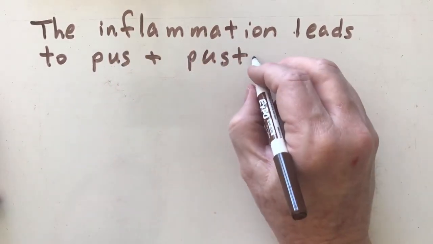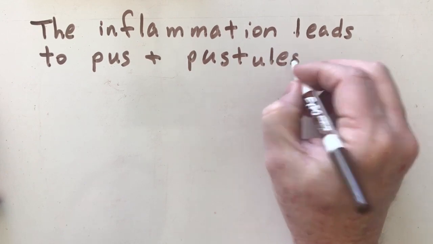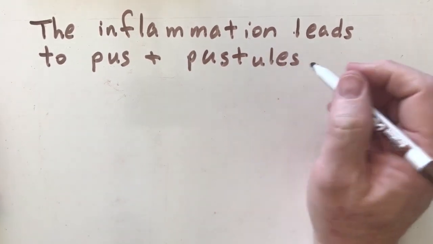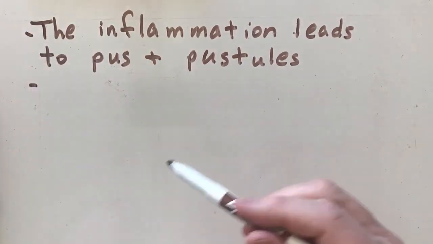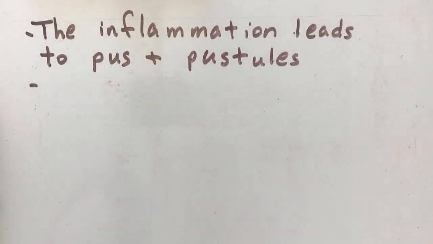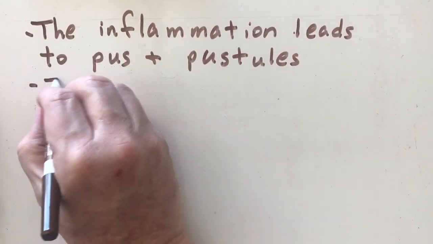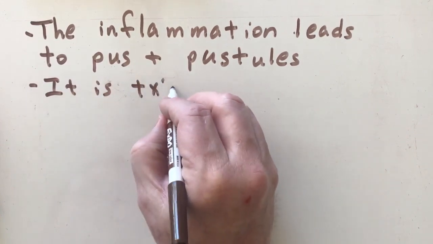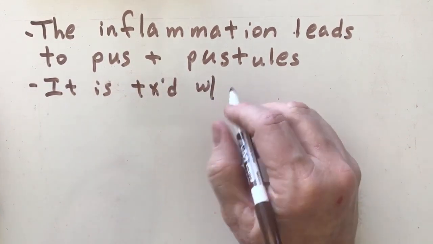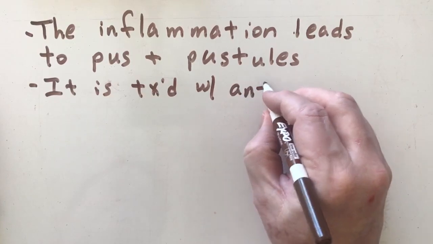And if you remember, a pustule is just basically a pus-filled bump. Right? So how do we treat this? It's treated with antibiotics, because then if we can fight off the propionibacterium, we don't need the immune response to be as bad. It's treated with antibiotics.